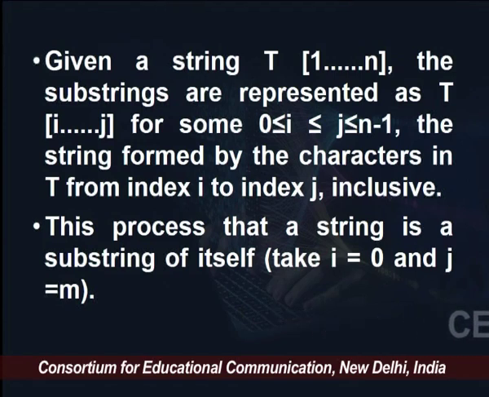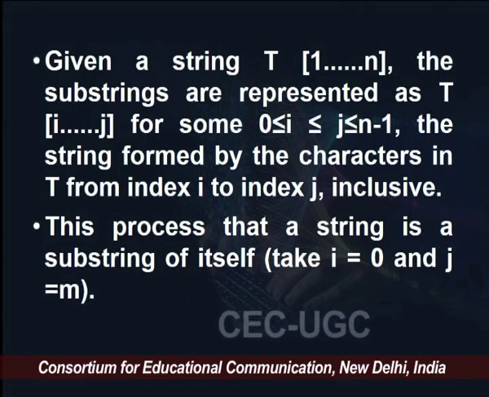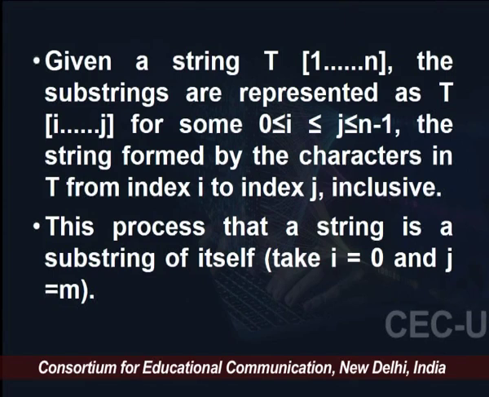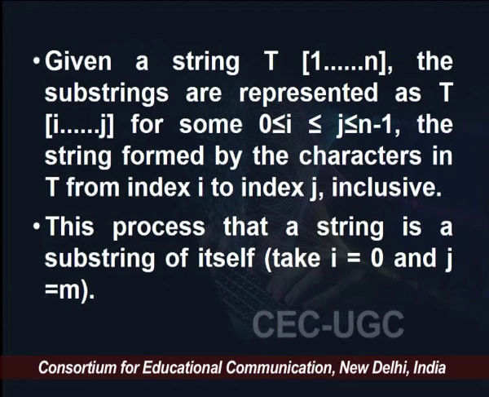The substrings are represented as T[i..j], for some i and j where i is greater than or equal to 0, i is less than or equal to j, and j is less than or equal to n minus 1, the string formed by the characters in T from index i to index j inclusive. In this process, a substring could be the string itself if we take i equal to 0 and j equal to m.